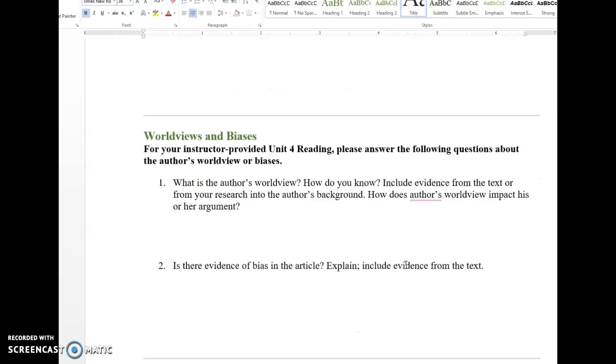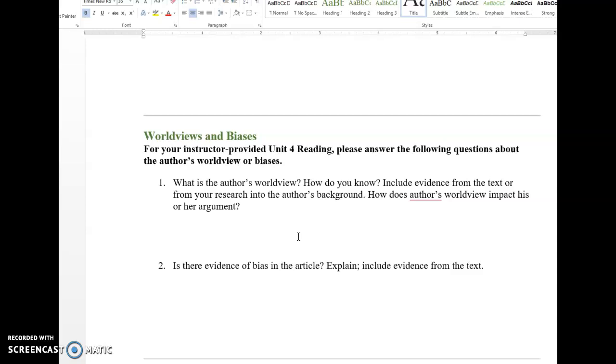Worldviews and biases. What is the author's worldview? Is there evidence of bias? I think we've had these questions before in evaluating a different article or argument. I'm just going to mention here, worldview is basically about the way that the person sees the world from their background.